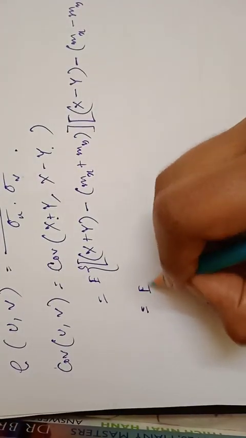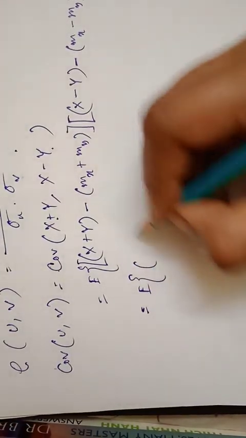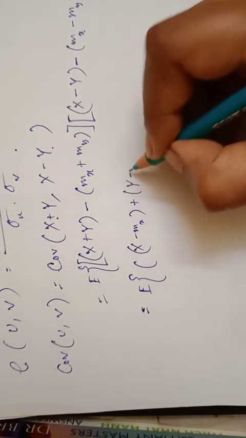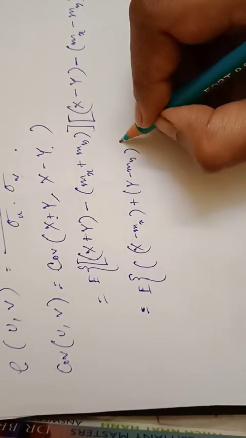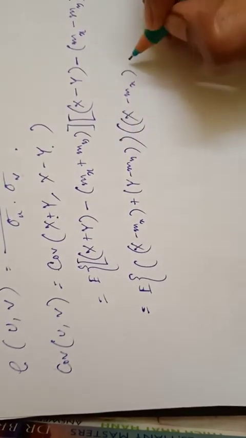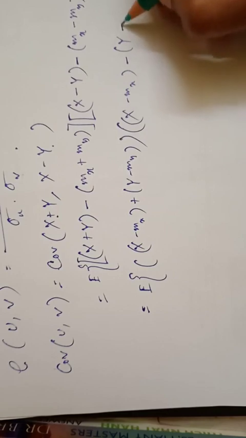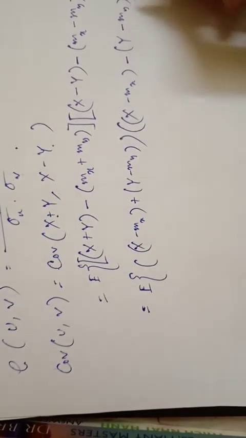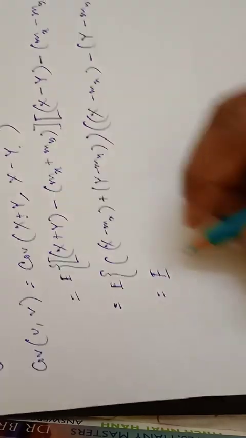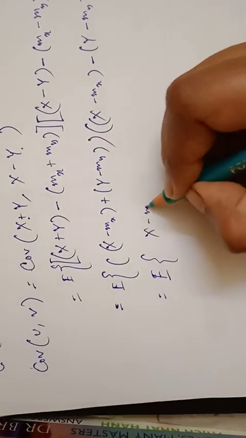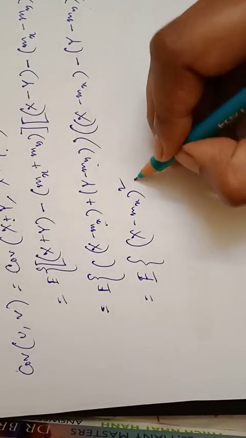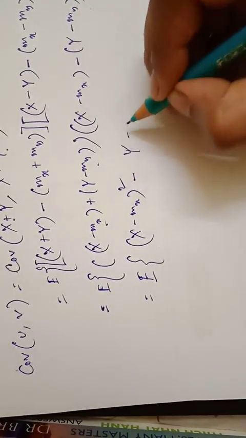That means expectation of, in first bracket, x minus mx plus y minus my, into x minus mx minus y minus my, right? That means we can write it as expectation of x minus mx its whole square, a plus b into a minus b, so a square minus b square.